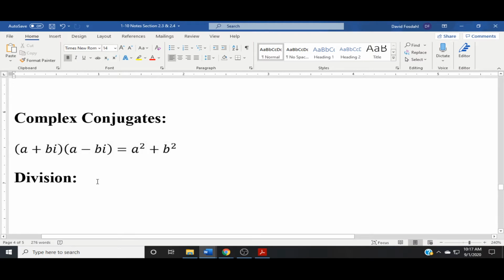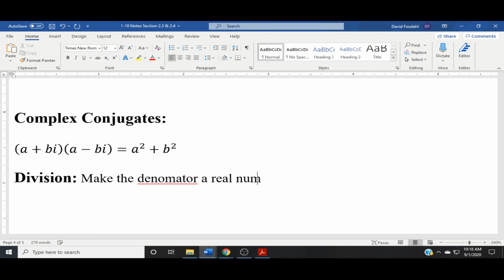So division is going to follow this. Division is going to require us, we want to make the denominator a real number by multiplying by the complex conjugate.